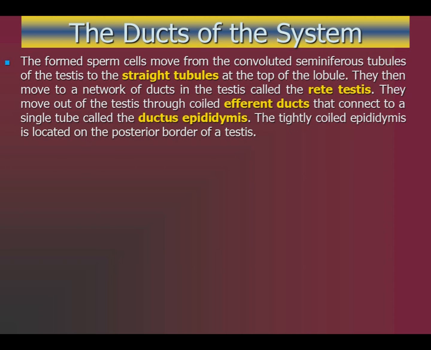The tube stores the maturing sperm cells while they develop their swimming capability via their flagella. The tube propels the sperm toward the next part of the system during ejaculation, when the smooth muscle of the wall of the tube contracts by peristalsis.